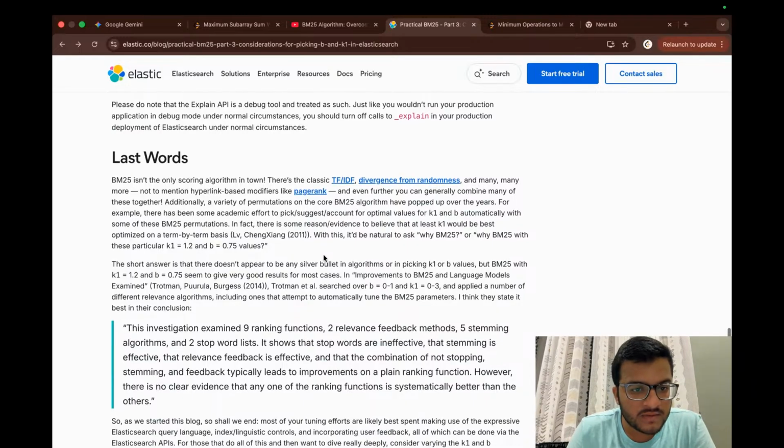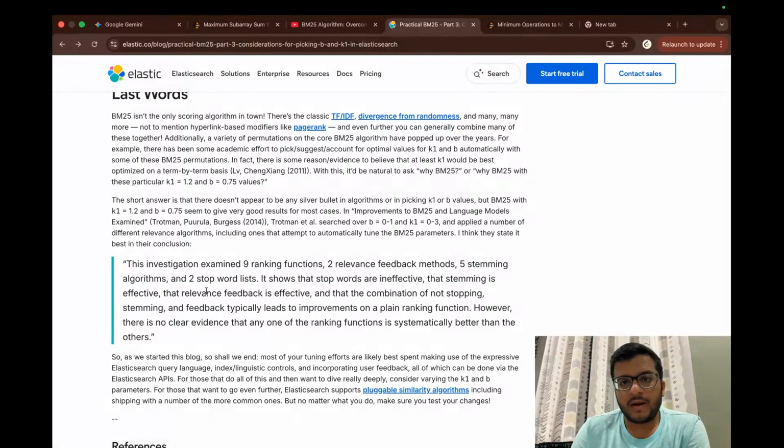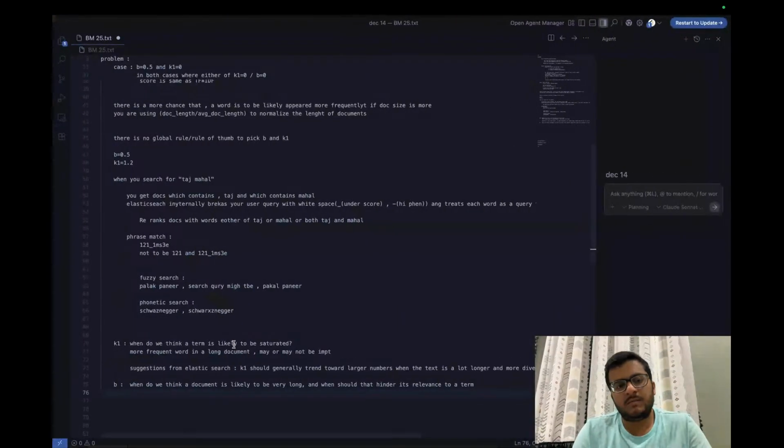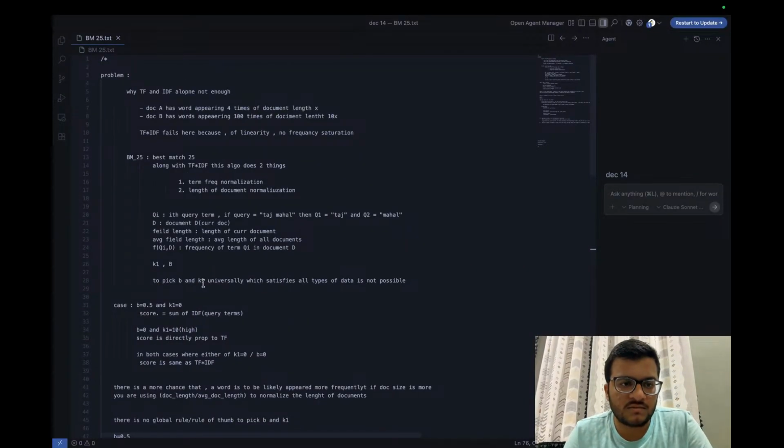You can read some of the papers, but I think till here it's good. If you know well, you can choose your K1 and B values so that you can score your documents according to what matters for the users you are developing this for, because the data is yours.